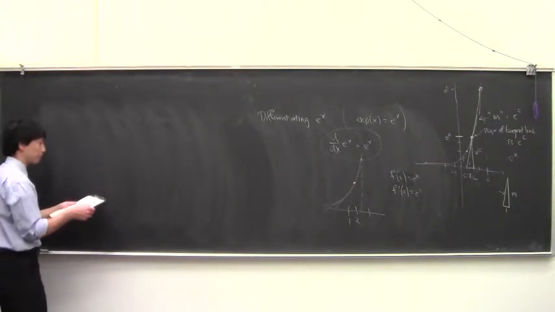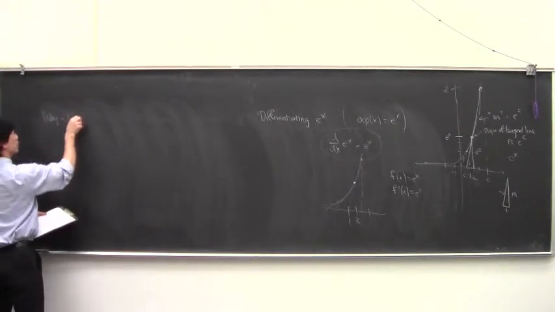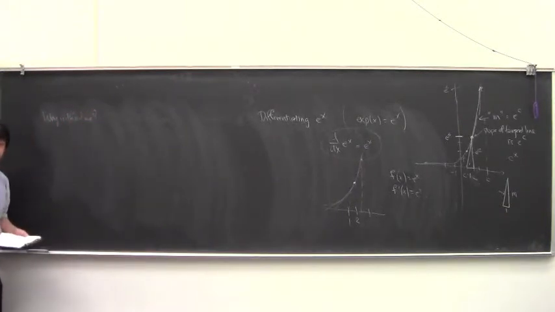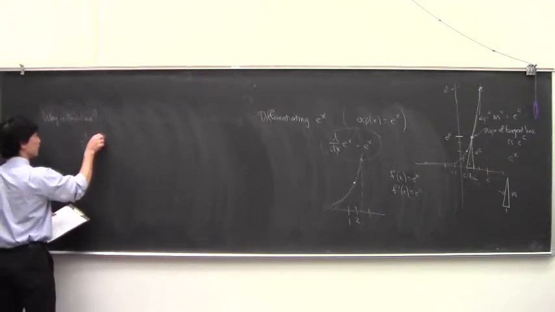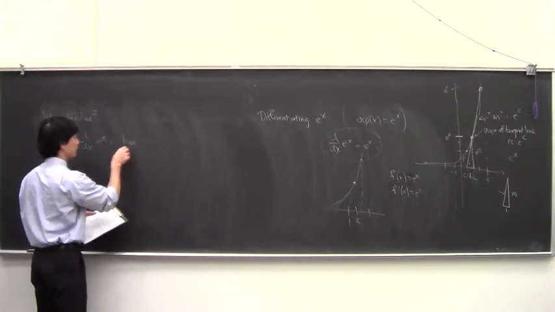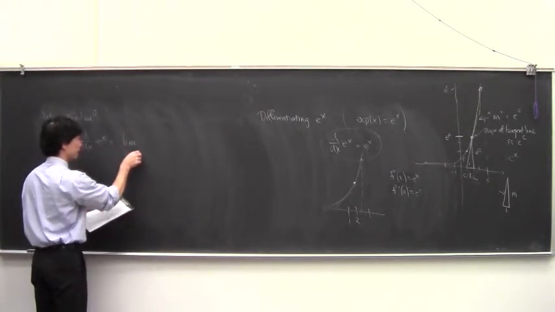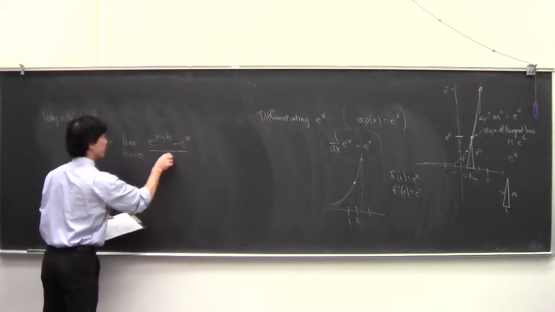Okay. Why is this true? Let's think about it. d/dx of e to the x is the limit as h goes to 0 of (e to the x plus h minus e to the x) over h.